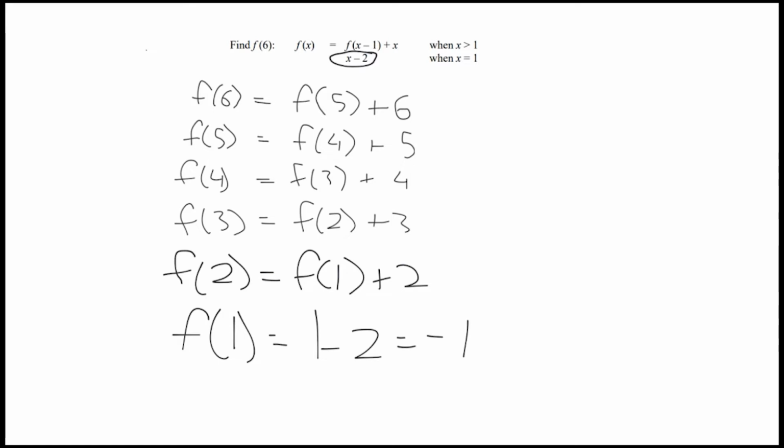So now that we've achieved this answer of minus 1, we can plug it back into the f of 1 here. And this yields minus 1 plus 2. So we know that f of 2 equals minus 1 plus 2, which equals 1. And once again, we can take this answer and plug it into the f of 2 here.